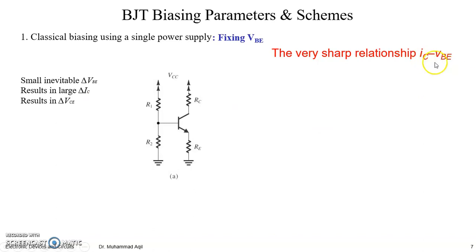Because of the exponential relation between these two things. And that change in collector current at the output side will change the collector to emitter voltage, right?